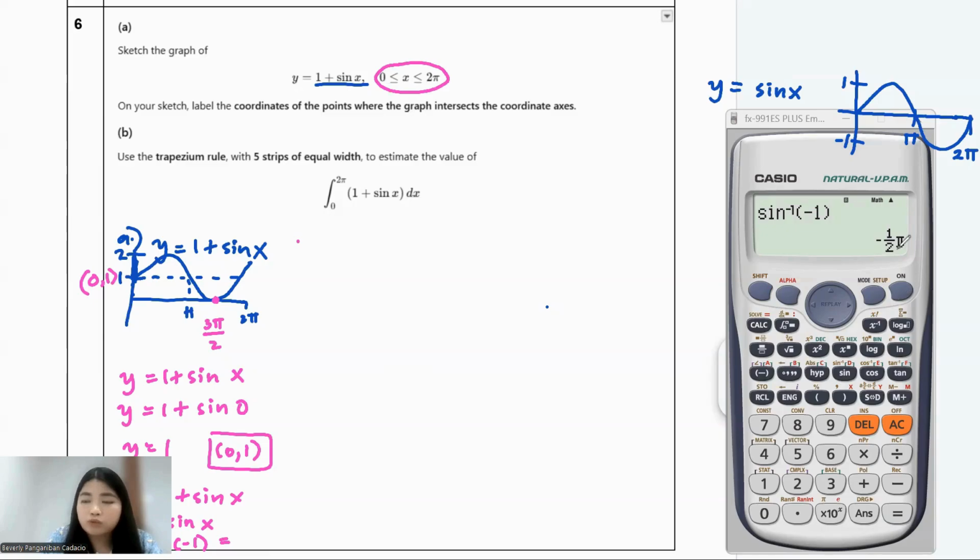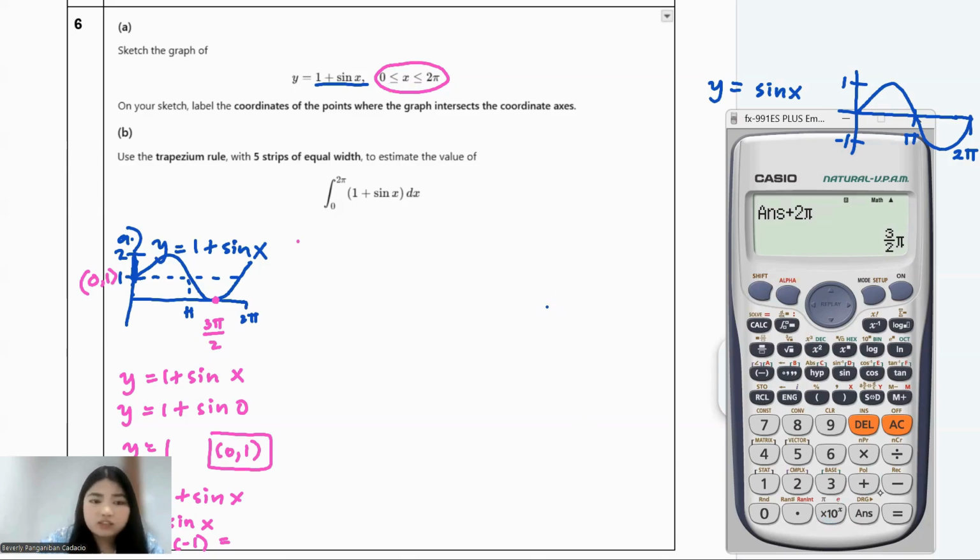So what you're going to do with that answer in the calculator, so that it will be in that domain, you're just going to add 2 pi there. When you add plus 2 pi and then shift alpha here, you're going to have 3 over 2 pi.